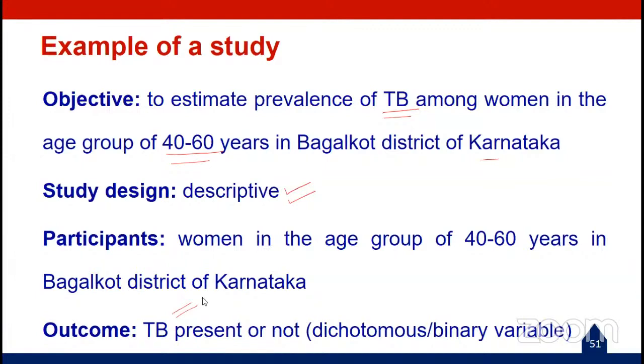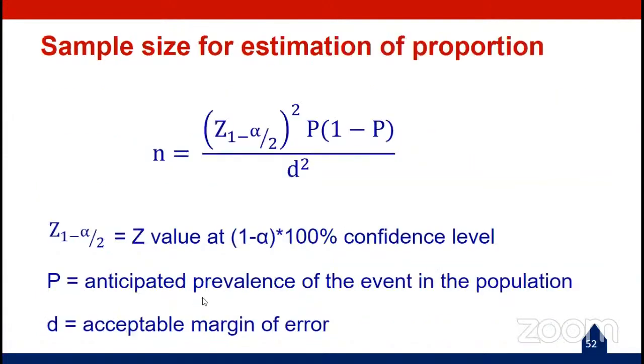So the sample size formula goes like this. The only change is that instead of sigma square, we have p into 1 minus p. The other things are the same: 1.96 or 2.58, and this is the margin of error. Instead of standard deviation, here we have the anticipated prevalence.